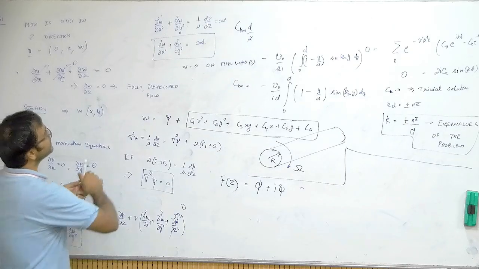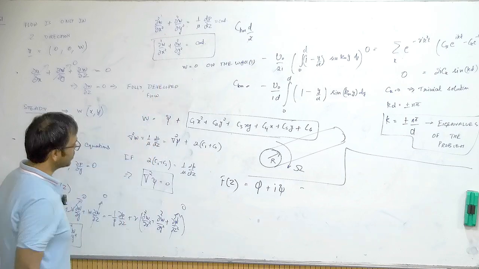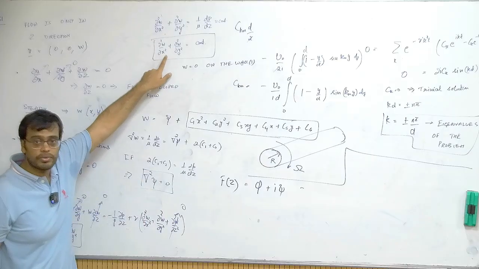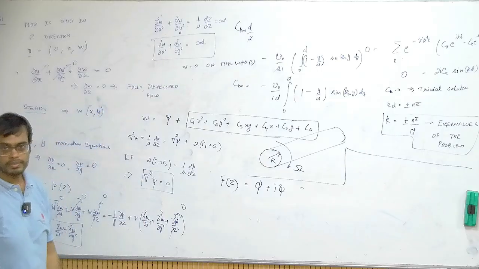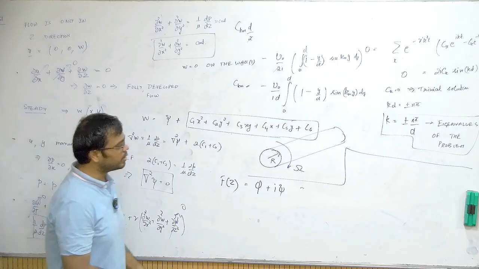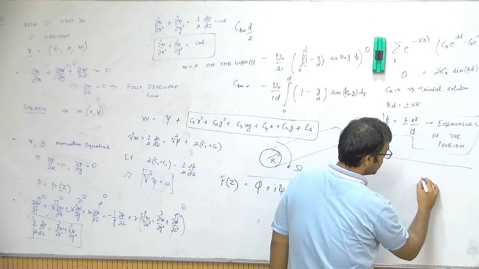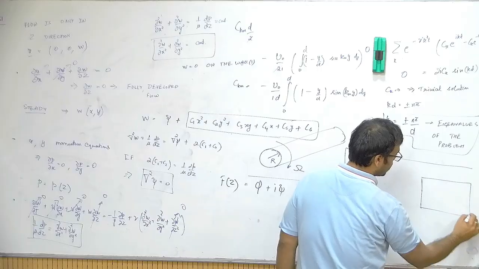To simplify this equation, because this equation I know how to solve using separation of variables. This equation is not so straightforward to solve using separation of variables. As you will just see now, even in the case of, let us say, a rectangular cross section.